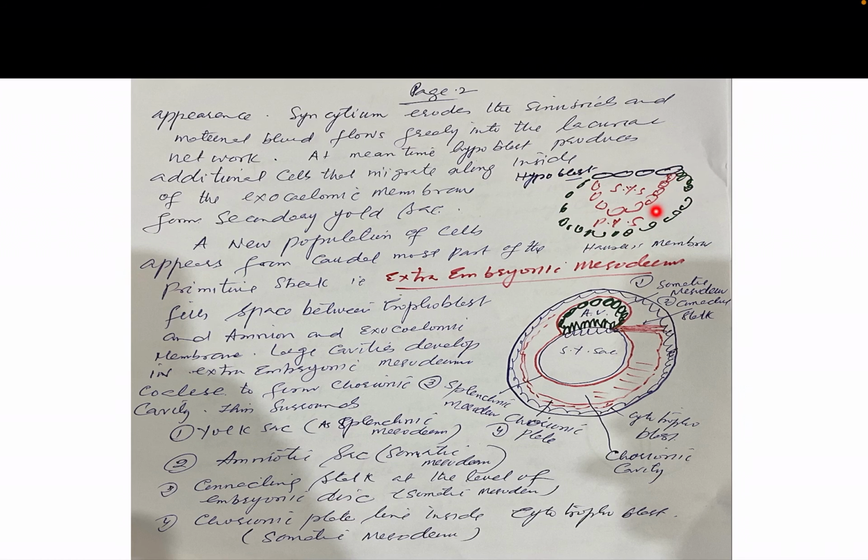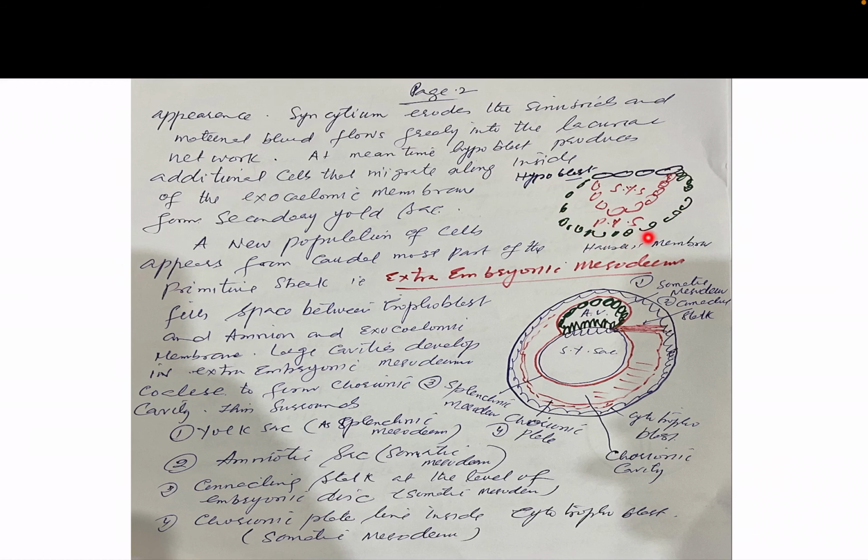Now it is a large yolk sac, forming the primary yolk sac or primary umbilical vesicle. Later on another membrane develops inside this Heuser's membrane, and that is the second membrane, this one.